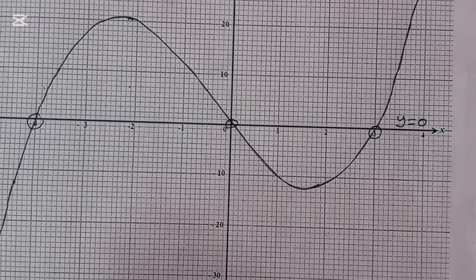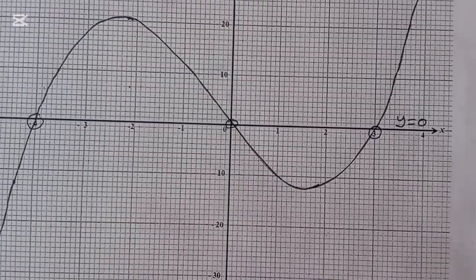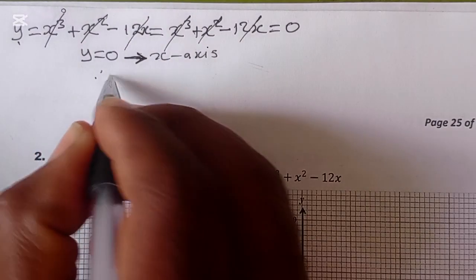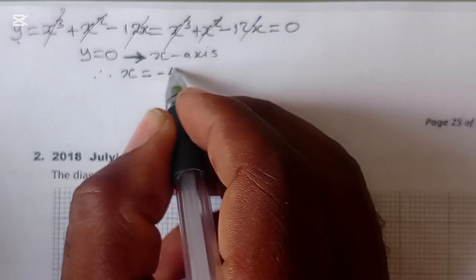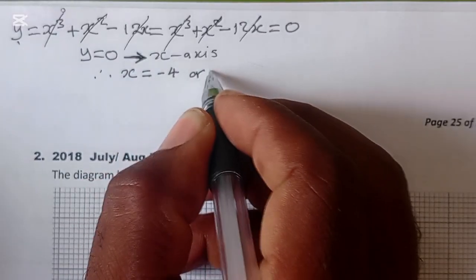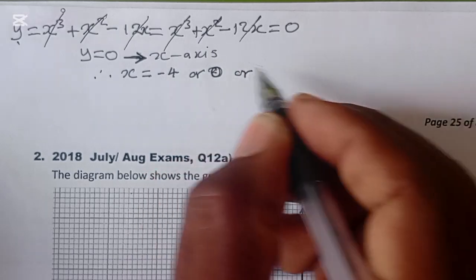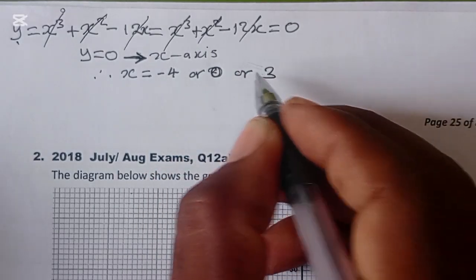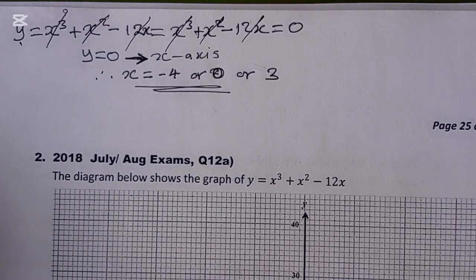So the values for x are negative 4, 0, and 3. Therefore, x is equal to negative 4 or 0 or positive 3. These are the values of x.